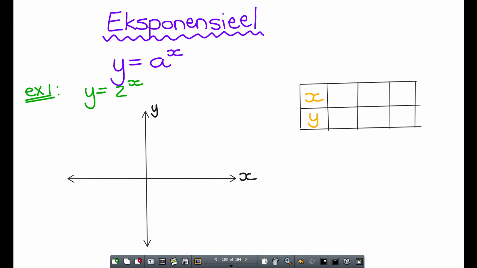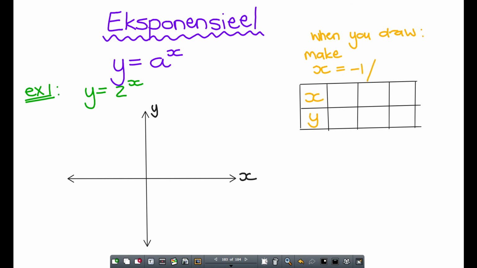But whenever we've got to draw a graph, skryf daar vir jouself. When you draw, make x equal to -1, and then I'm making a slash.